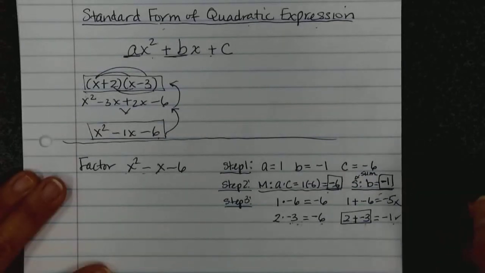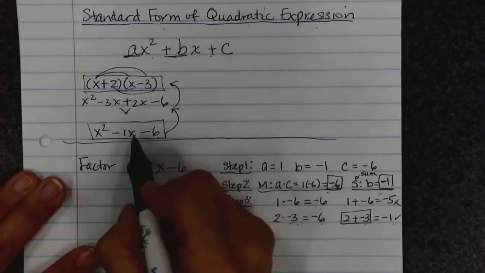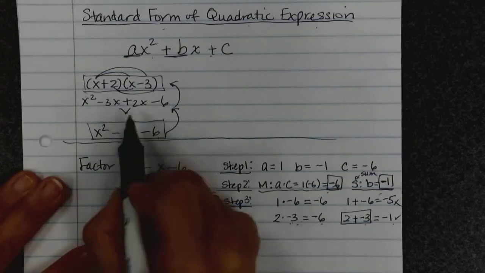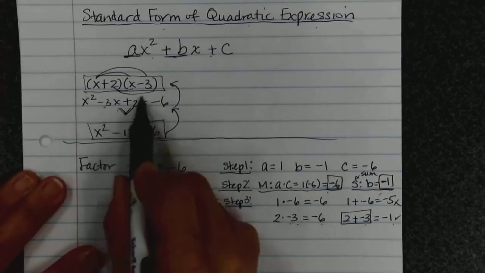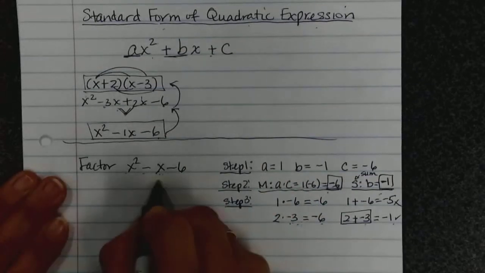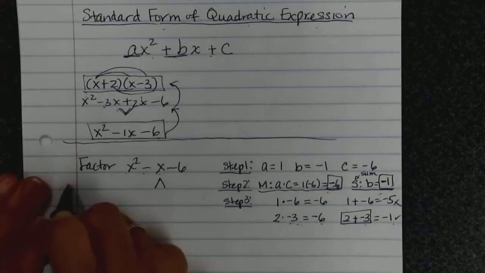The reason why is we want to take these numbers and split the middle term. See how we combined the two middle terms to get this? We're going backwards. We want to split it back up. So the split is my step 4.